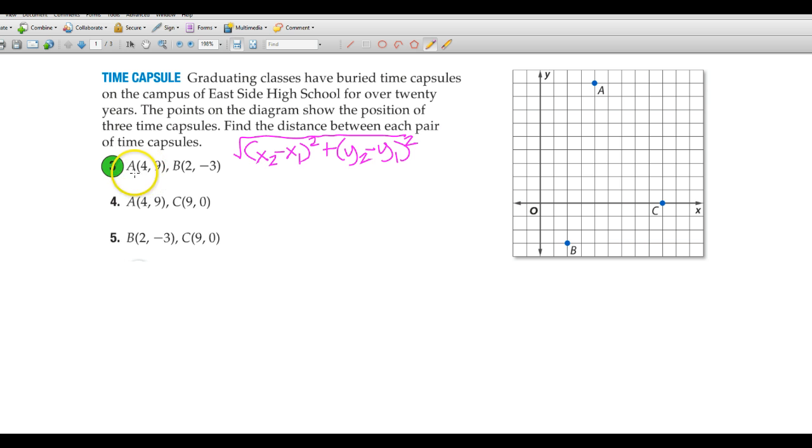Okay, so I'll label my points x1, y1, x2, y2. And just to show that it doesn't matter, I can reverse that.